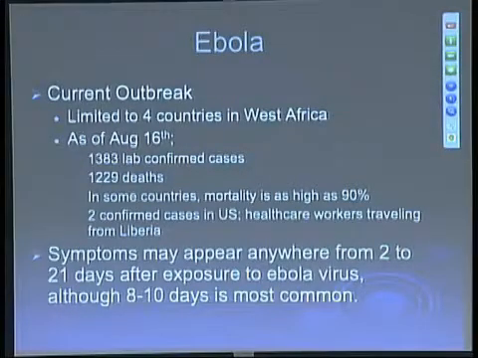These are third, almost fourth world in the outback. 1,229 deaths of the 1,383, which puts you pretty damn close to an 85% mortality rate, and in some countries it's 90%.